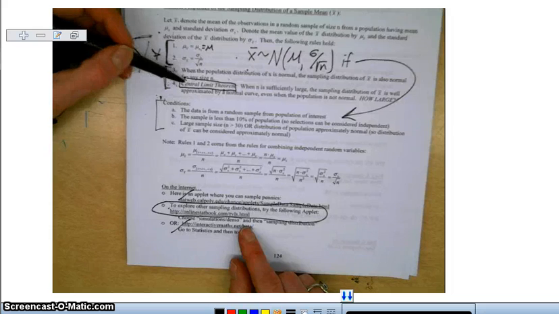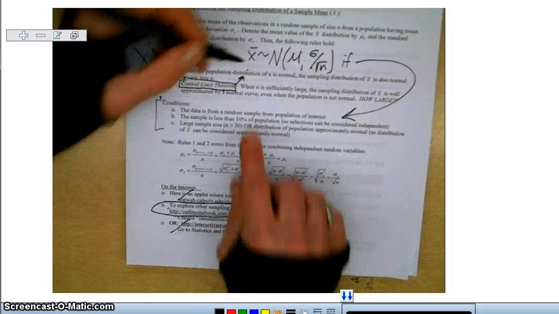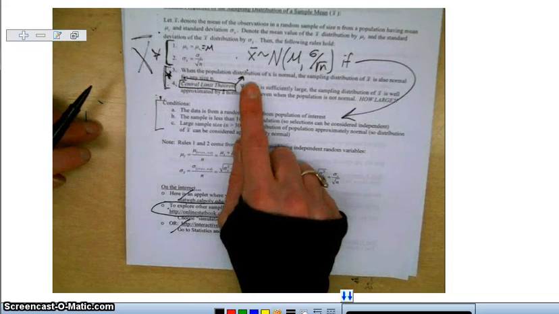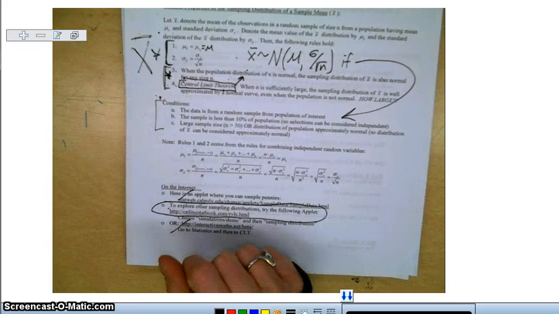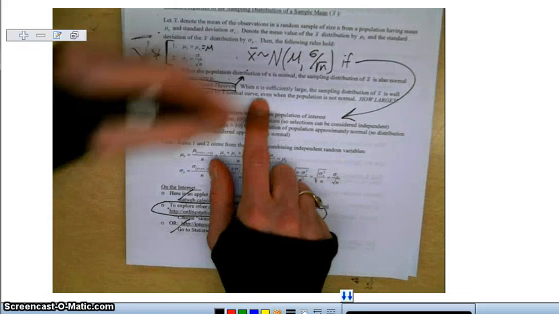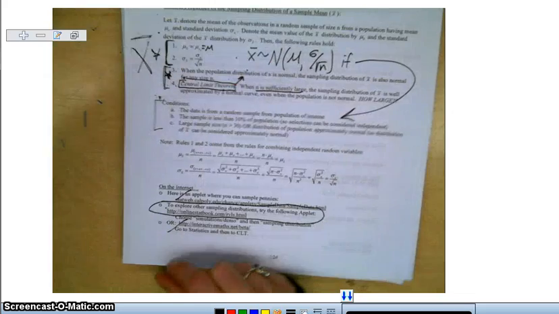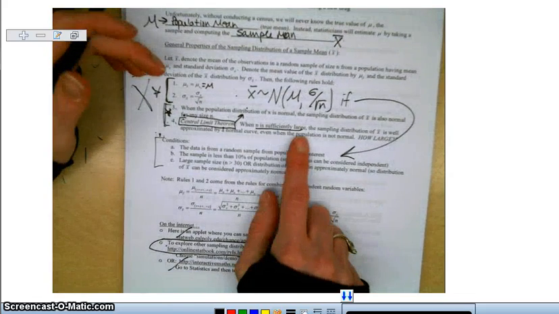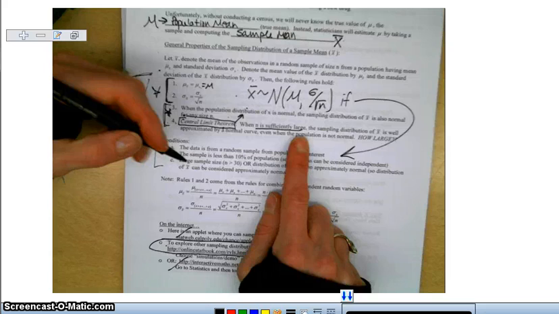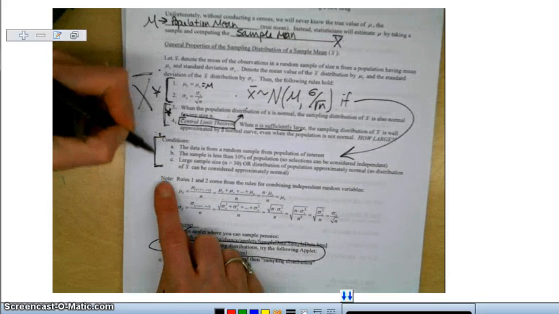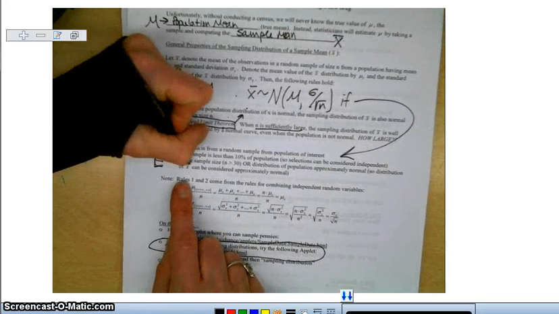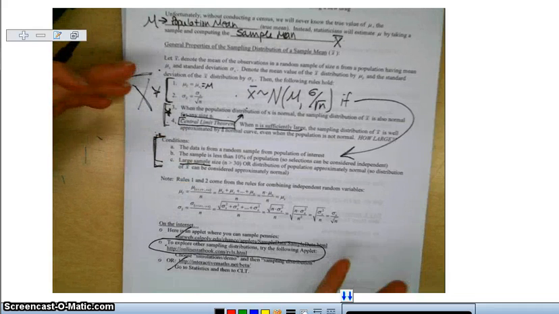The central limit theorem is basically just taking what we just talked about a little bit further. The central limit theorem says that as long as n is large, and we'll define large, if you go down here to checking your conditions, large sample size is the third condition for today.